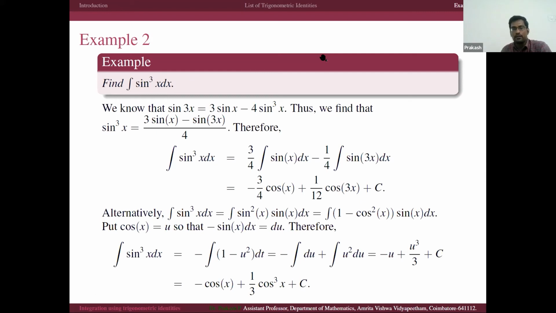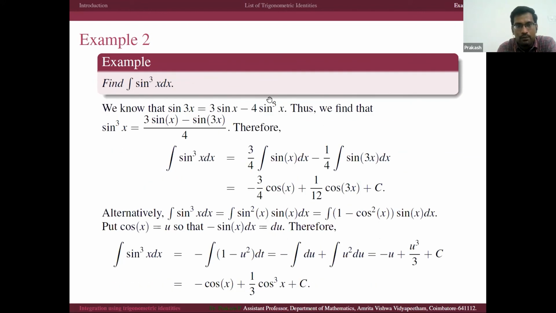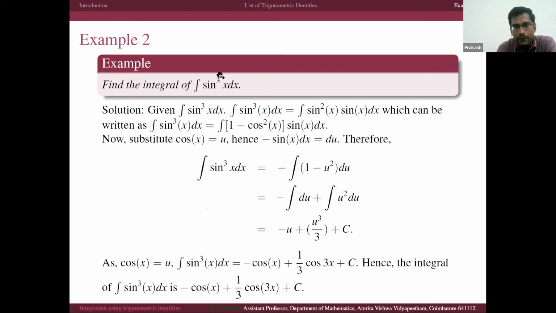You can see that in example two. The first procedure is different. You see in this example two, sine cube x: I am writing sine square x into sine x. But here I am using an entirely different substitution, a different identity.